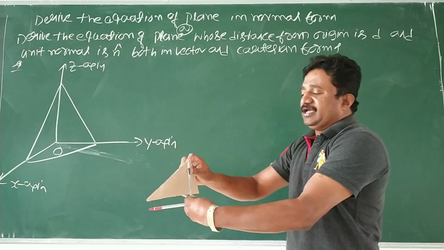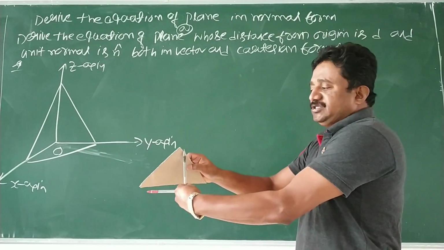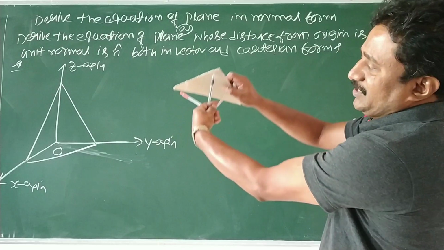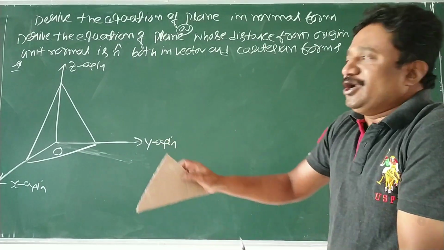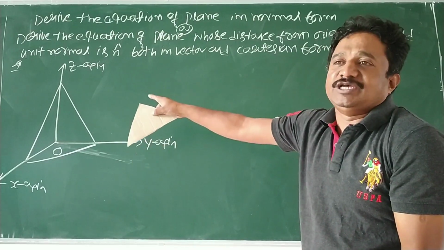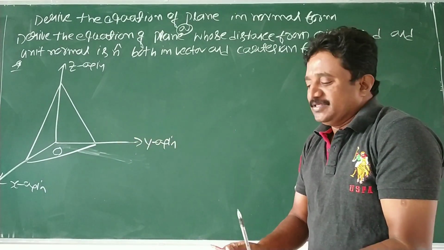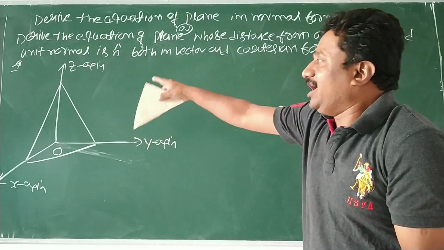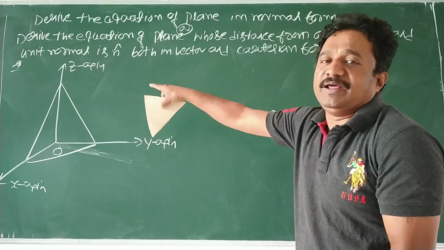The plane has been kept like this. Can you see that? It is a triangular-shaped plane. A plane need not always be triangular. You can draw the plane in any shape. Need not worry. Here in your book they have drawn a triangular plane. I have also drawn a triangular plane on the board.